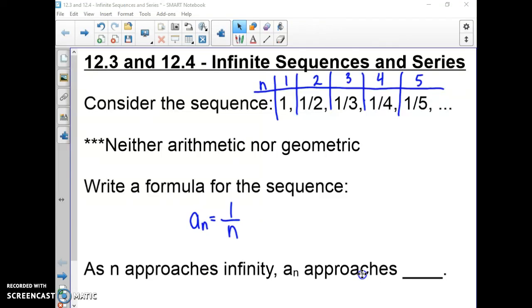Okay, it's going to go down. That's true. So does it ever become negative? It does not. What value does it get closer and closer to? 0, right? Because each fraction, as you increase that denominator, is going to get closer and closer to 0. So as n approaches infinity, a sub n approaches 0.